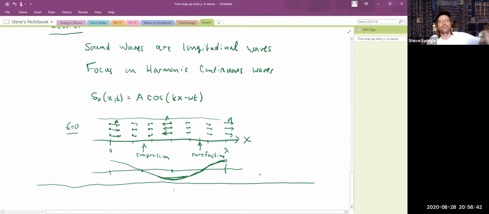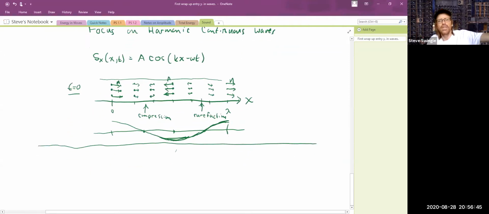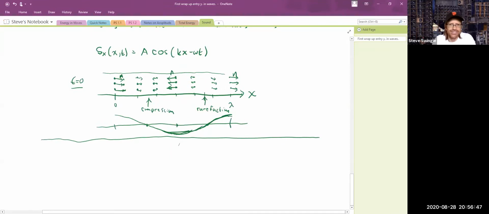All right, so now drawing a wave function for a sound wave like this is crazy, because all these dots and arrows are really hard to do. So what we often do, even though we're talking about a sound wave, is draw the wave function as if it were a transverse wave, like a wave on a string.